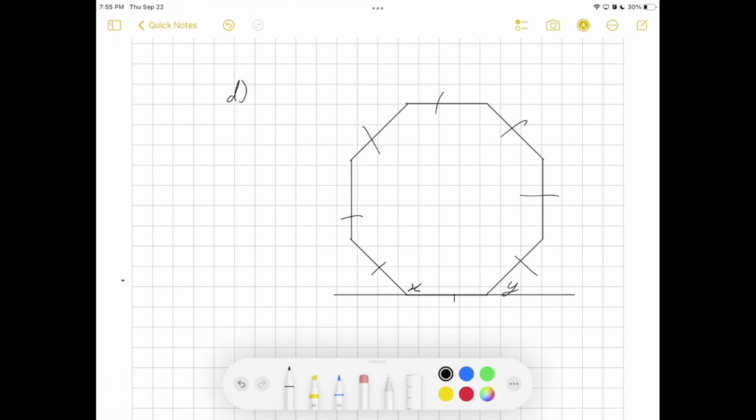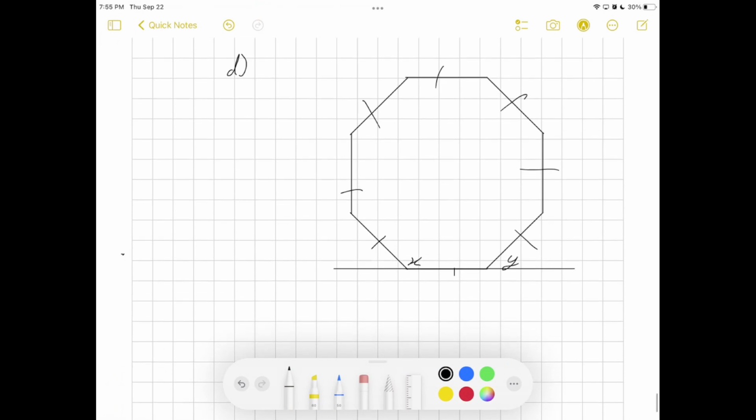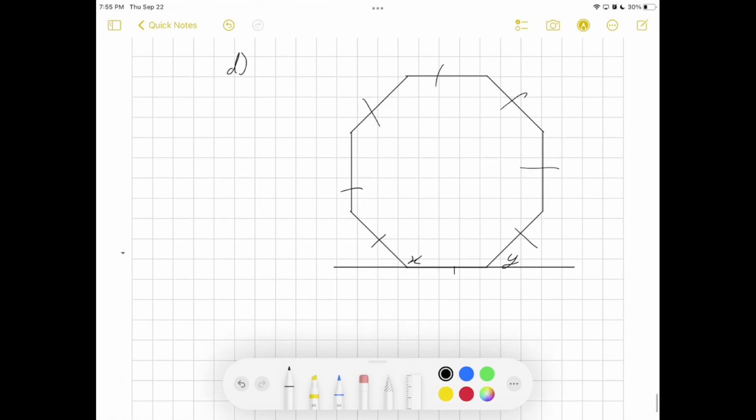Alright, so here's how you do question number D. Over here, we see what we call an equilateral octagon, also known as a regular octagon.